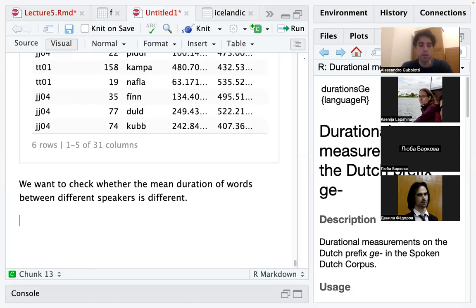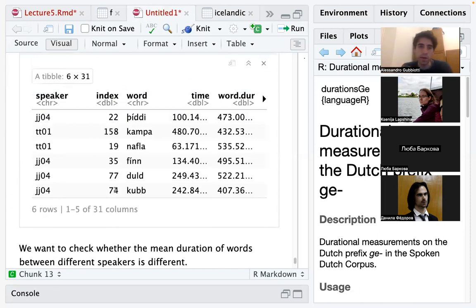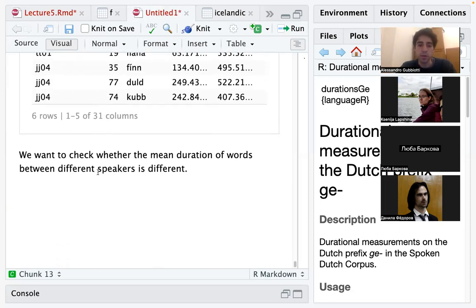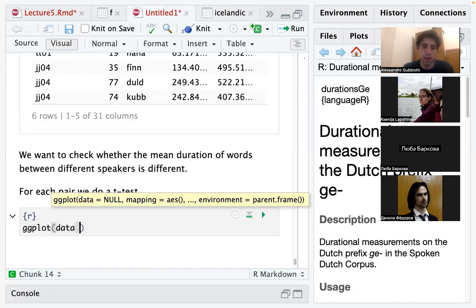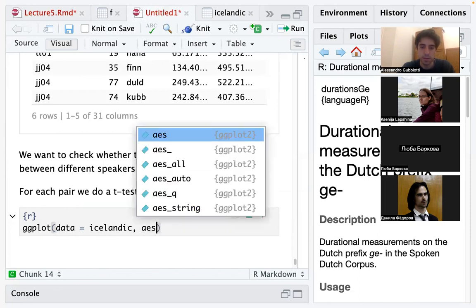So the null hypothesis is that, okay, we are discussing multiple comparisons. So we do pairwise t-tests. For each pair of persons, we do a t-test. So let me simply plot the data. So ggplot, data equal to Icelandic, aesthetics mapping.